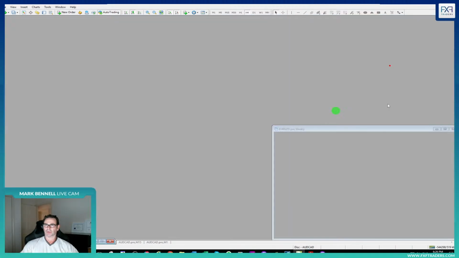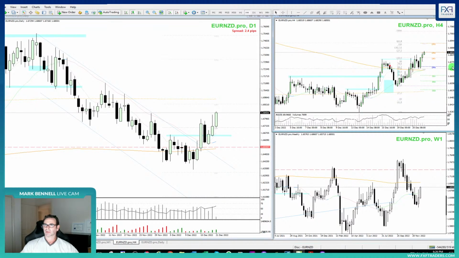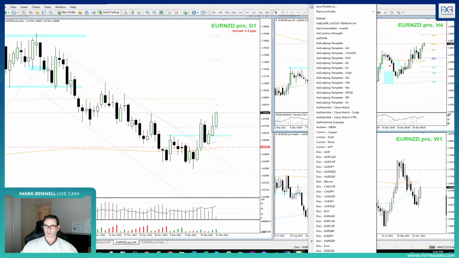The Euro New Zealand trade worked well. This is worth continuing to look for trades. It's just perhaps a tad extended. Not too bad. But so that was worthwhile.